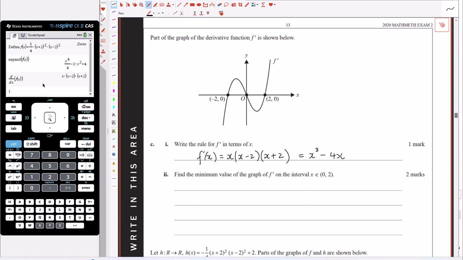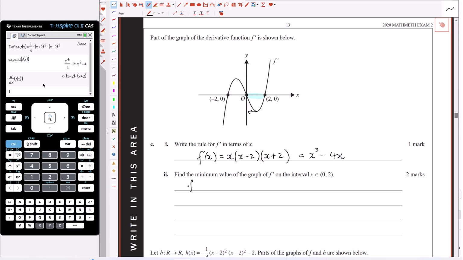Find the minimum value of the graph of f dash of x on the interval from 0 to 2. Okay, so over this bit of domain here from 0 to 2, we want to know what the minimum value of f dash of x is. So we're going to want to know where the turning point of the derivative is.